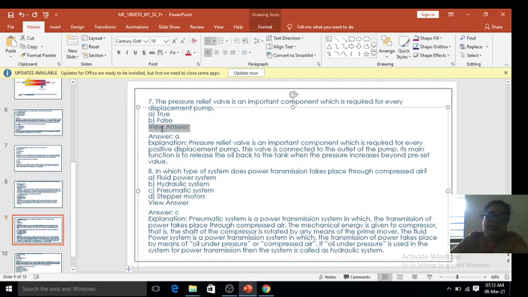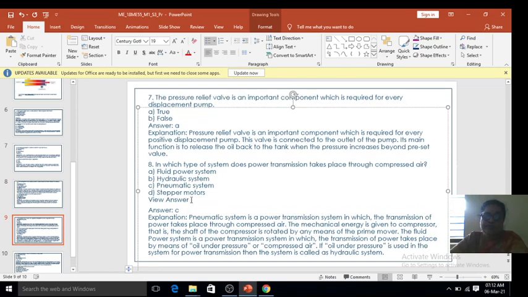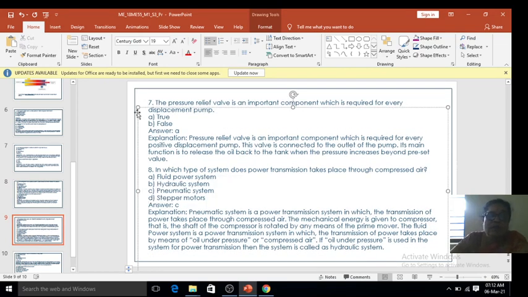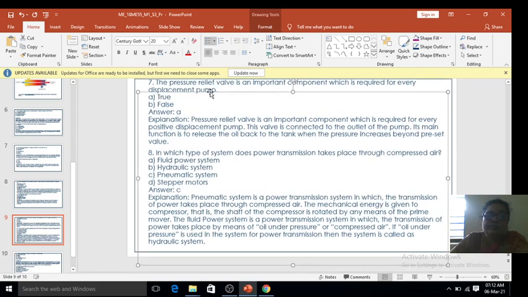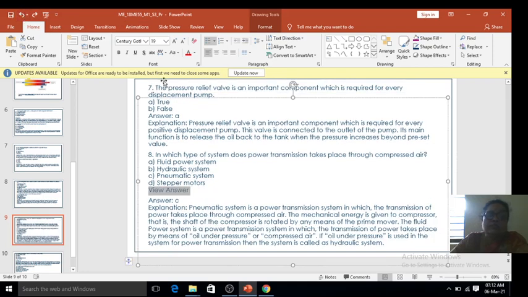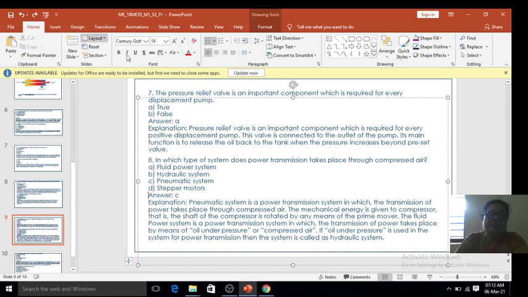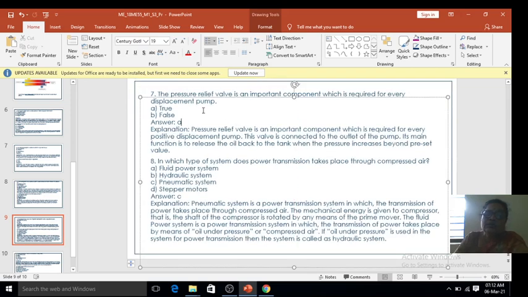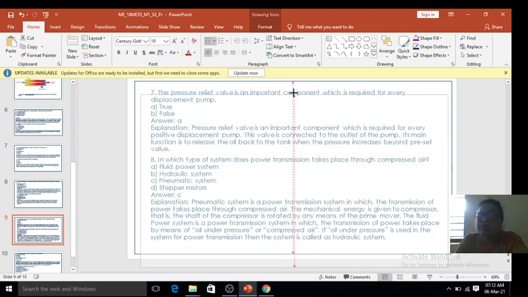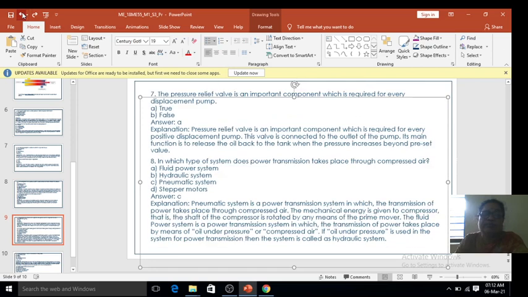So the next question here is again: the pressure relief valve is an important component which is required for every displacement pump.